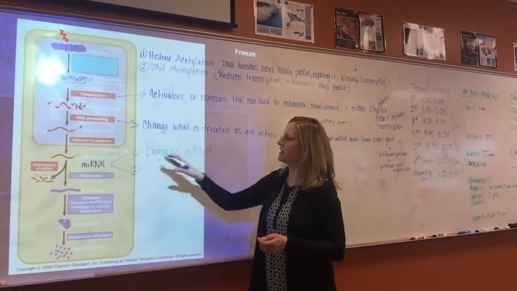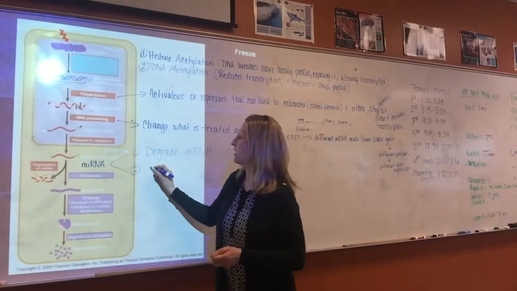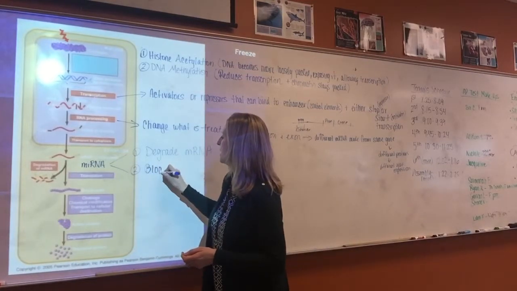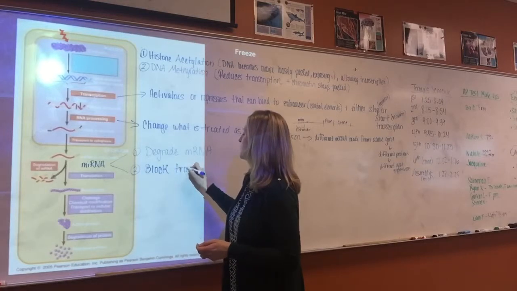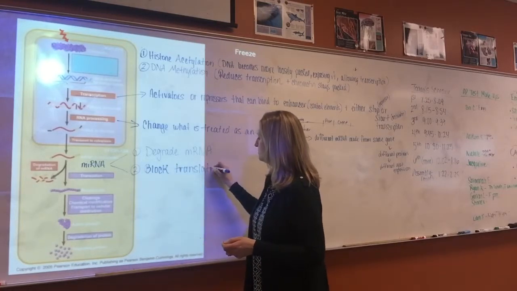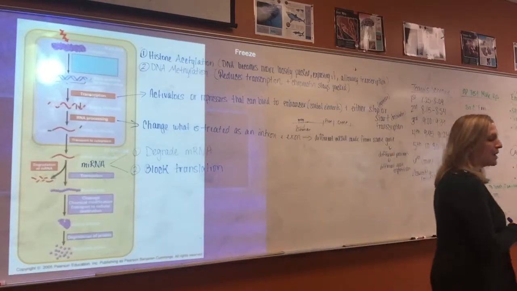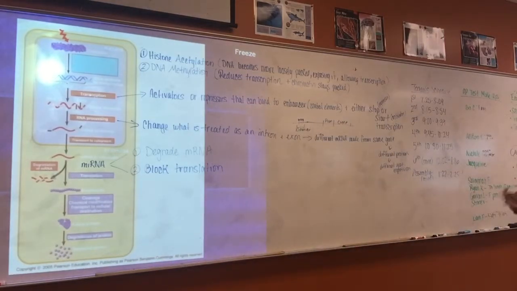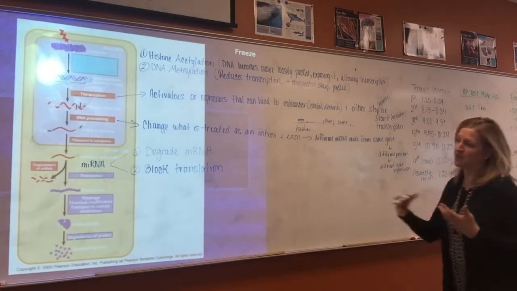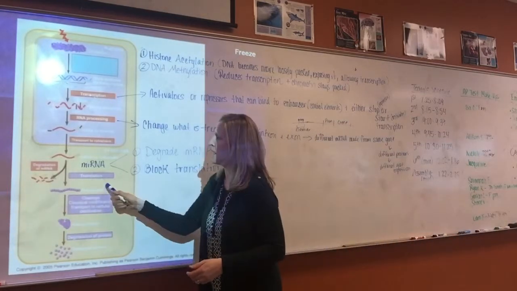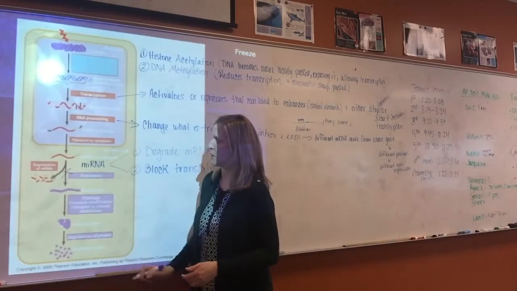So it can degrade the mRNA itself, or, as Maggie said, it can block translation. So it can make it so that the mRNA is never used at the ribosome to put together your amino acids to make your polypeptide. So it's actually blocking this part right here.